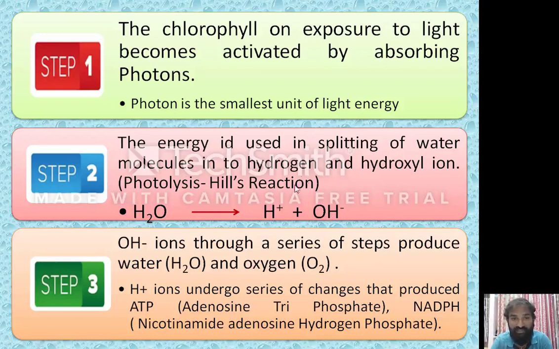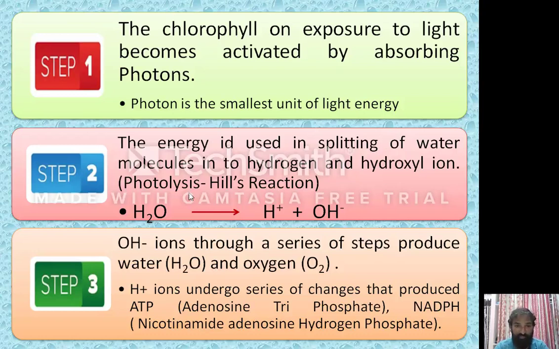This is called the photolysis of water, also called the Hill reaction, which we already discussed in the previous class. The oxygen molecules come from water, not from carbon dioxide. That was proved by Hill, so the reaction is also called the Hill reaction.